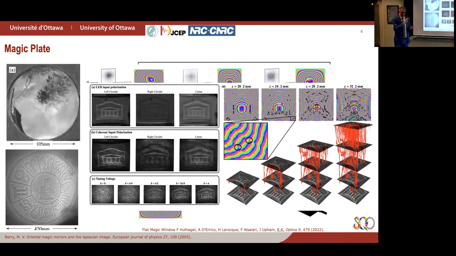So we asked, did we understand the magic mirror concept that Michael Berry proposed, and does that work in reality, or maybe there is some approximation which turns out to be a true one? And then, of course, we tried to link it to singular optics. For the next project, we are trying to create entangled magic images.